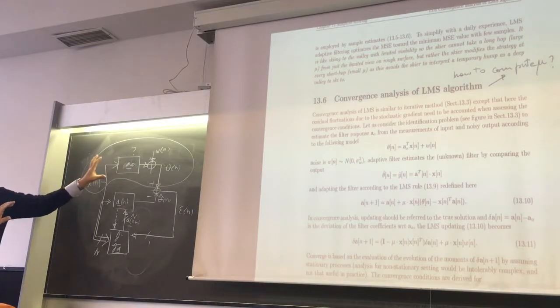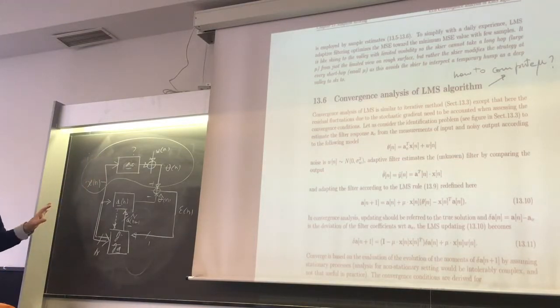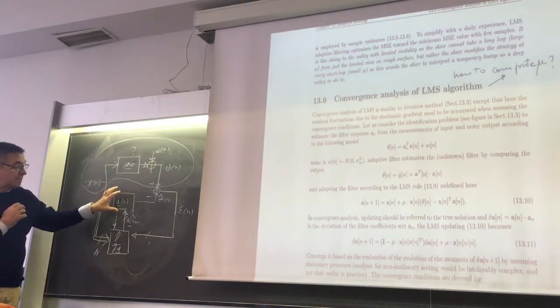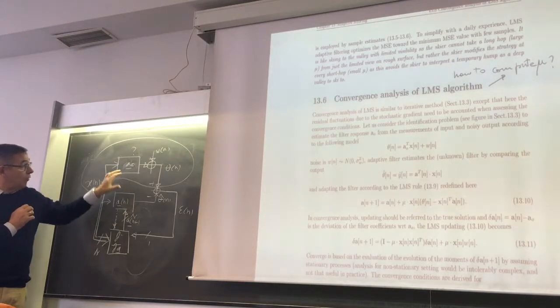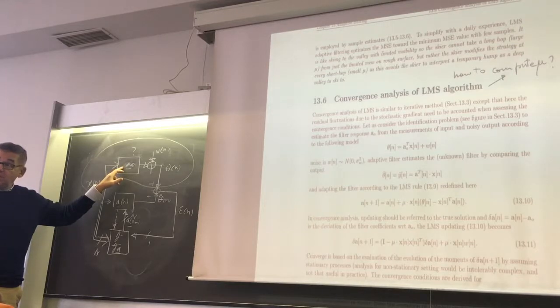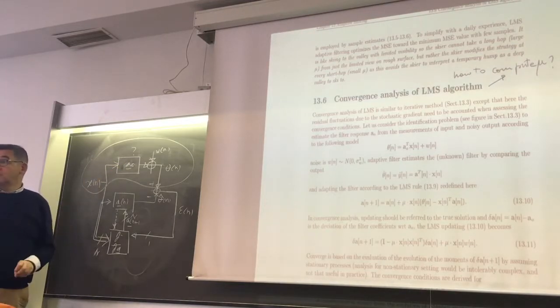So let's consider everything stationary for the time being. If it is stationary, everything is there. I need to calculate what the step size mu must be to make this an converge to that one, even if I'm using a stochastic gradient. Stochastic gradient is the one where I compute the error with the instantaneous error.